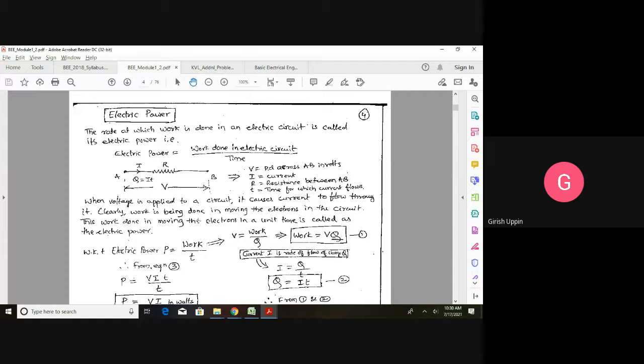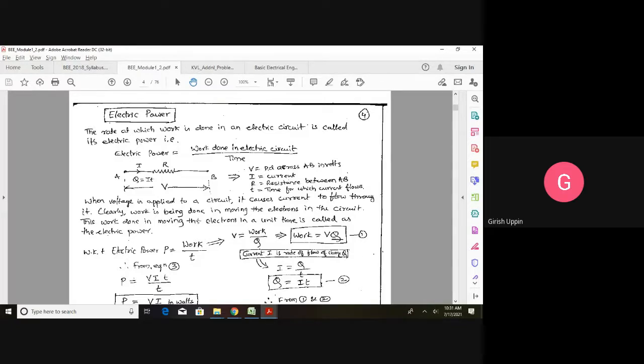For example, I always give this example. If you ask a human to dig a hole, and then you ask a machine to do it, the machine has more power. The same hole can be created by that machine very quickly. If a human takes 1 hour, maybe the machine will do it in 10 minutes, the same amount of work.